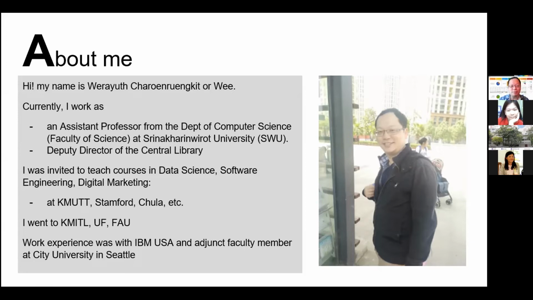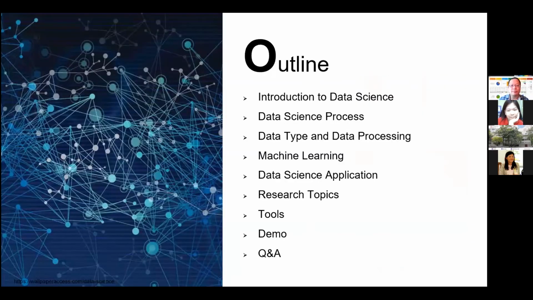Okay, this is about me. The topic that we will talk about today is as follows. First, I will introduce what data science is and the process of data science. Then I will give you examples of data types that can be used in a data science project.